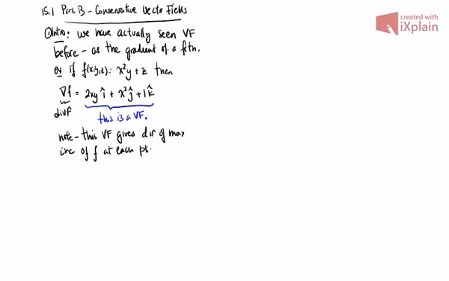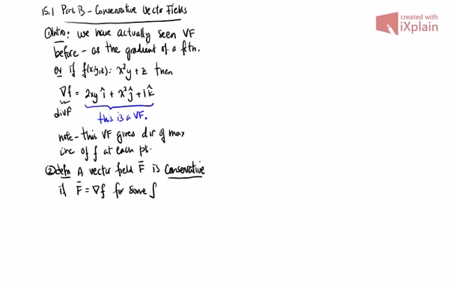It's called conservative. So, definition. If a vector field is the gradient of a little f, then it's a conservative vector field. So a vector field big F is conservative if big F is the gradient of little f for some little f.